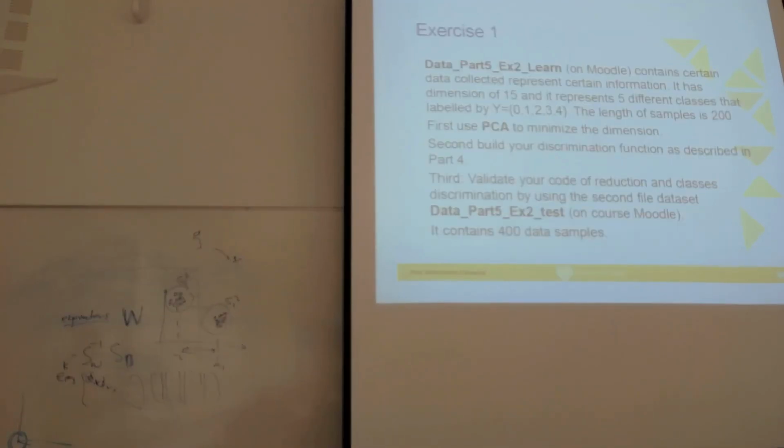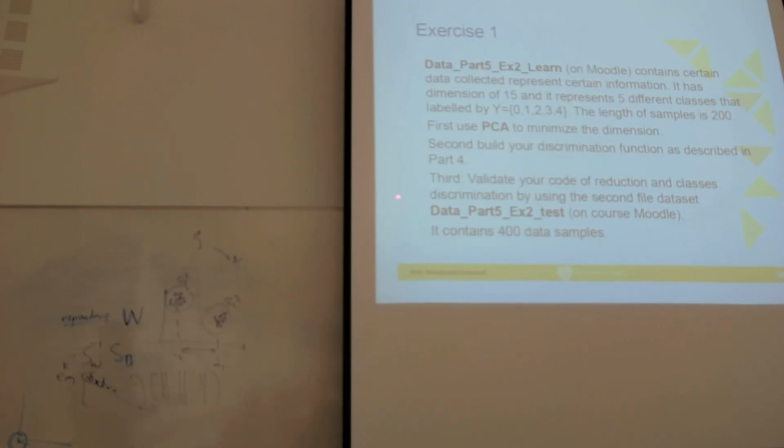but here we come to the exercises. We have data, part 5, it is on Moodle already, and it has dimension of 15, so the dimension of the features is 15, and they belong to 5 different classes. Okay, so first use principal component analysis to reduce the data of the file.